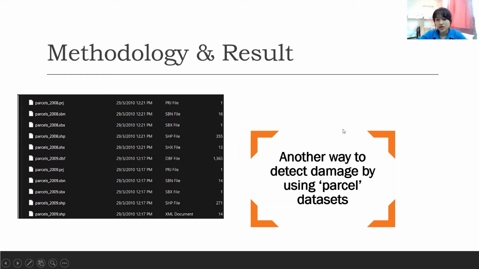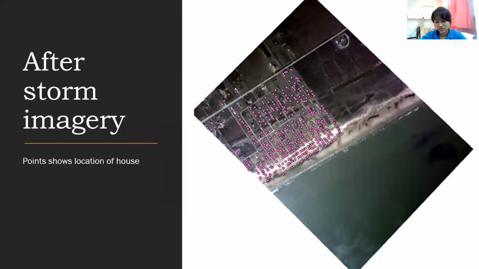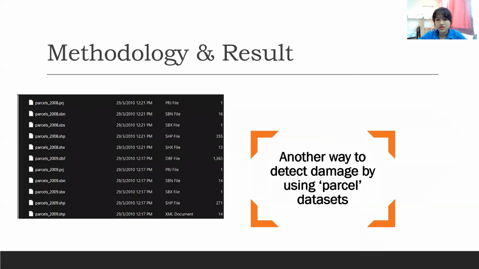All right. So next, there's another way to detect damage by using the parcel dataset. Before, we got the damage of each house by scaling from each house. For this, we use a parcel dataset.